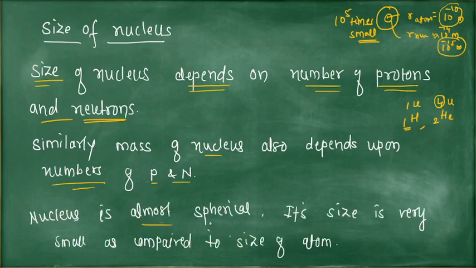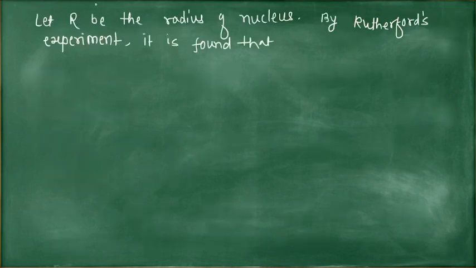Nucleus is almost spherical, as given by Rutherford's atomic model. Its size is very small compared to the size of the atom, as we have just seen. Now consider R to be the radius of the nucleus.